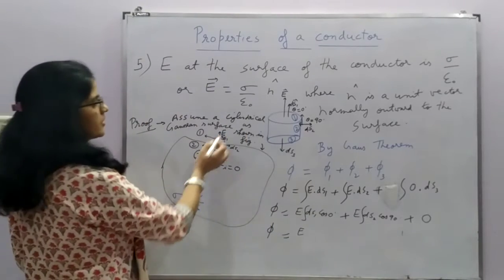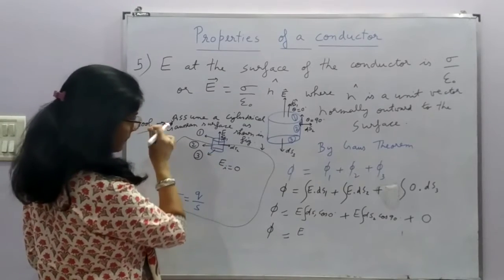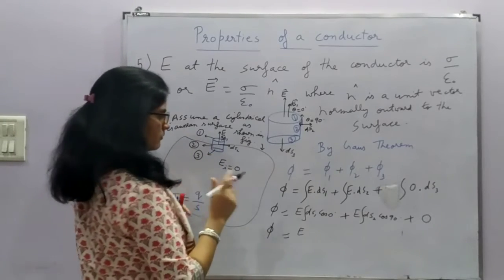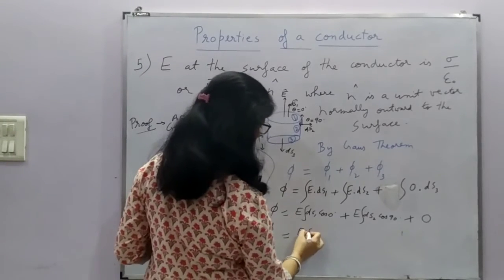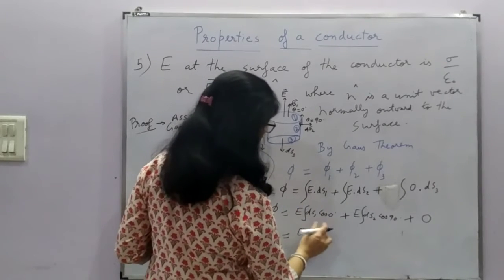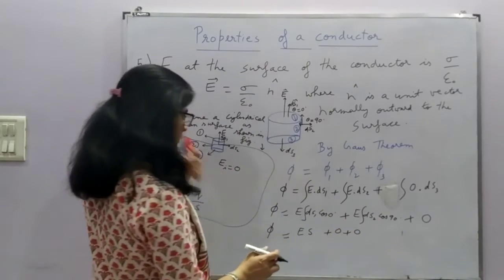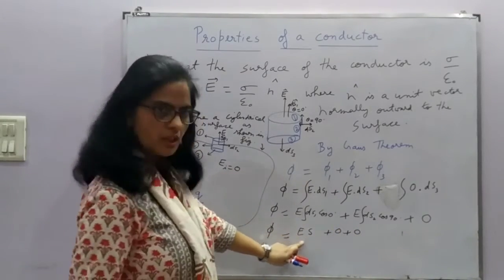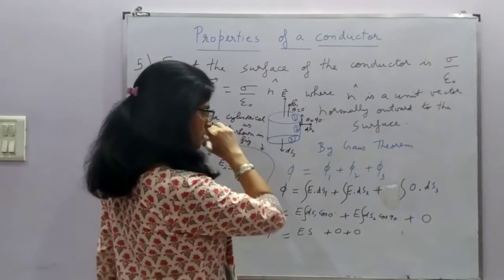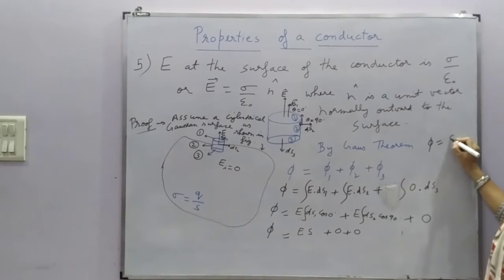We are considering this surface to be very close to this conductor. So if I integrate for the whole conductor, this will give us the surface area, as cos 0 is 1, and the other two terms are 0. So this gives us E into S. We also know that by Gauss theorem the flux is equal to Q enclosed upon epsilon naught.